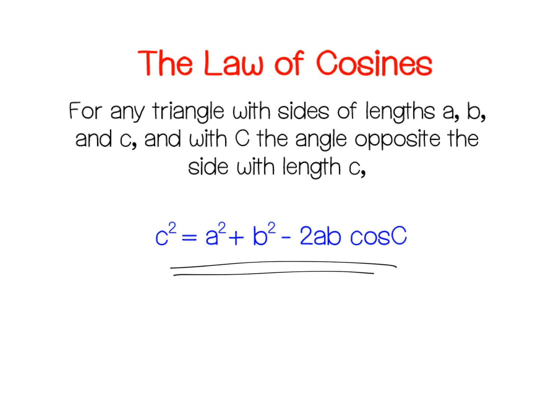So we have, for any triangle with the side lengths of A, B, and C, and with C being the angle opposite of side length C. So we have C, A, and B here. Those are all sides. Down here, cosine always goes with angles, so that is angle C. Now here's the big important point.